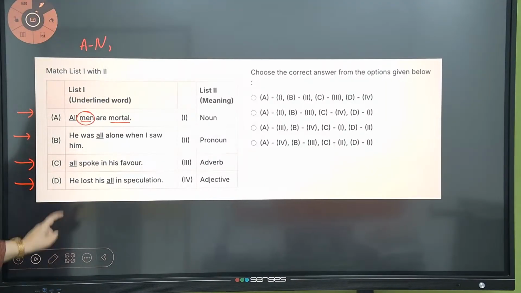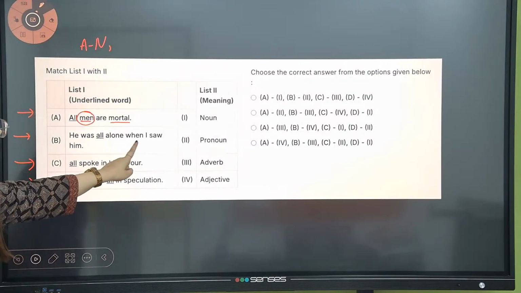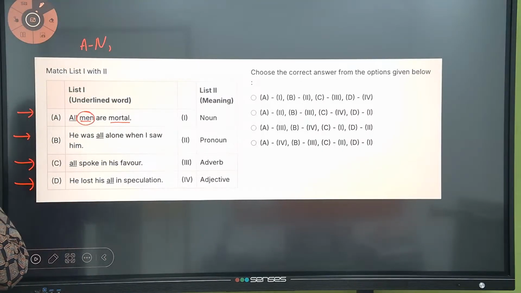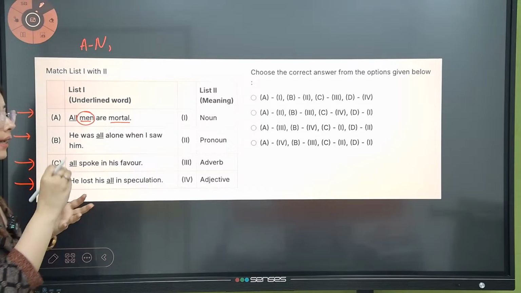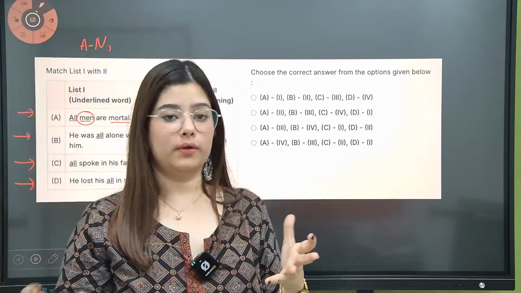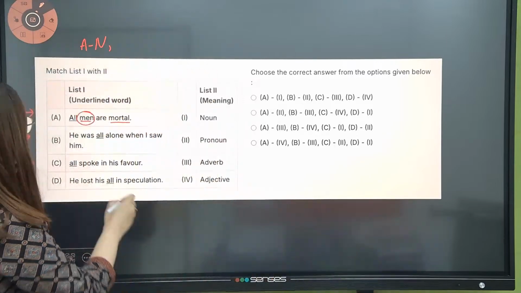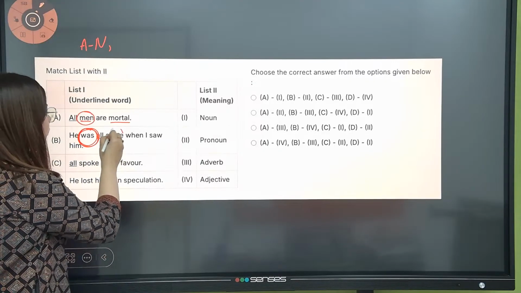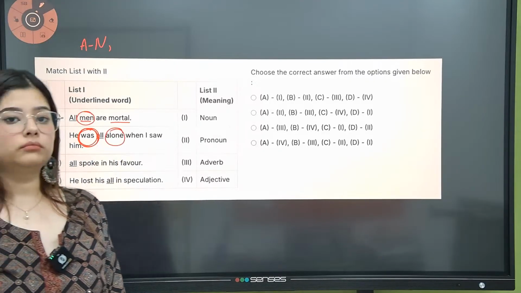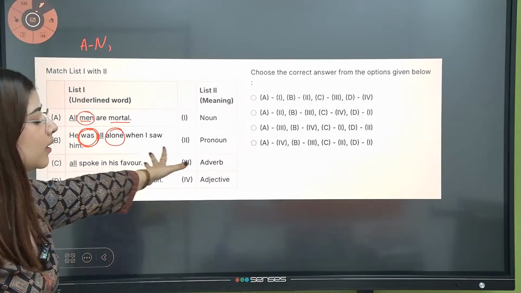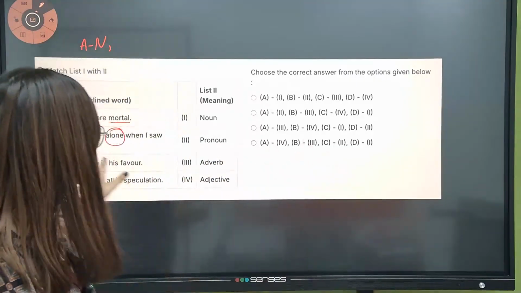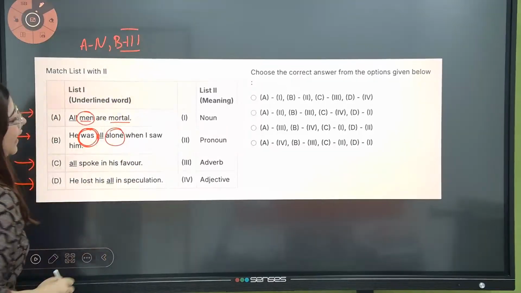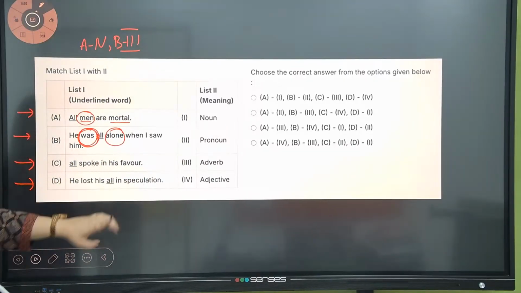He was all alone when I saw him. Being all alone, there was no one with him. He was is a verb here. Alone is modifying my verb and my adjective. So this would be an adverb.